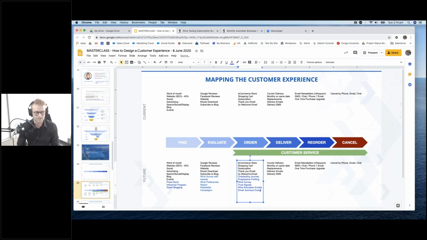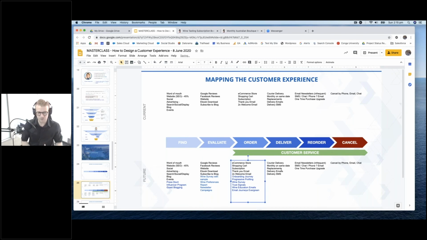This is really interesting because wine is such a rich topic. If you find out somebody is interested in wine from a certain region, put them into a journey of content about that region, because there are so many things to talk about with one region. Evergreen journeys are a great way to keep people engaged. They'll keep buying because you're so front of mind.